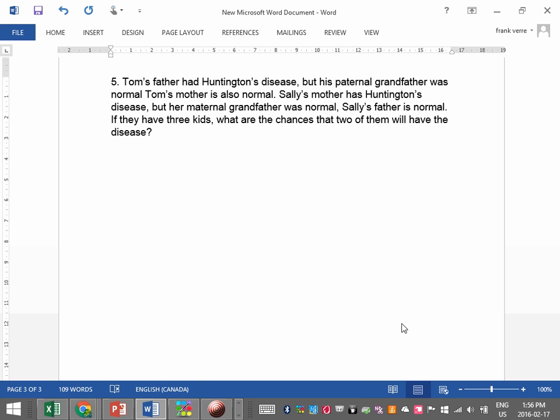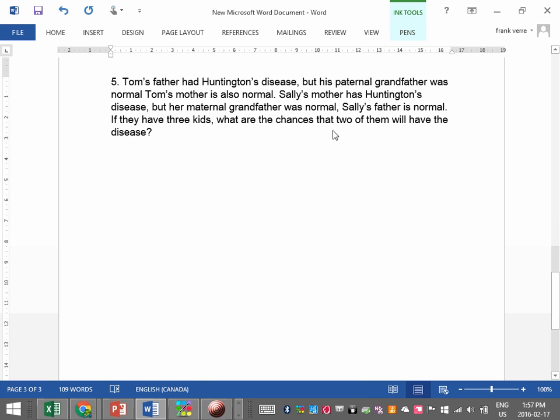The question you're going to get on your quiz tomorrow is going to be much easier than this one. But on your unit test, don't be surprised if you get a question like this, okay? If you can solve this, the quiz question tomorrow will be a scaled down version of this. I'll show you what I mean by that. So let's look at this question.